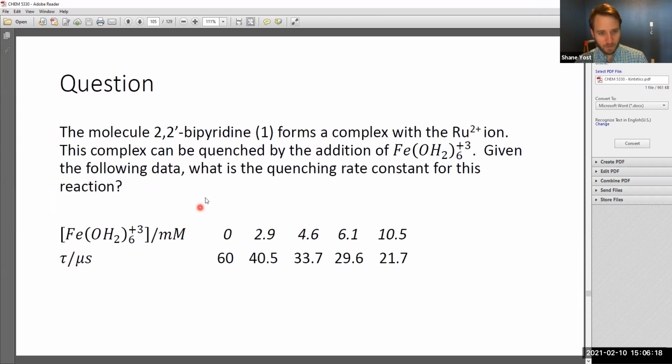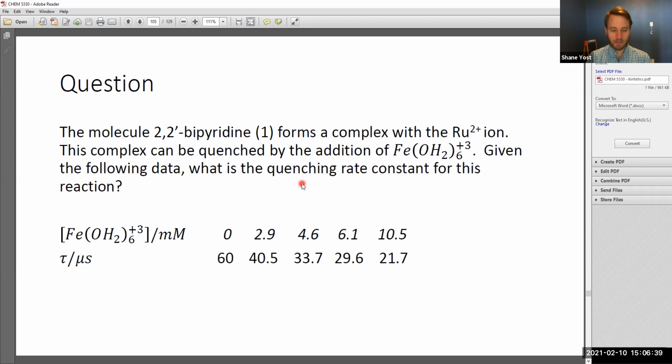All right, so questions about that, and then you're welcome to think over those while you also look over this question. Bipyridine forms a complex with ruthenium. That ruthenium bipyridine complex can get quenched by iron in solution.